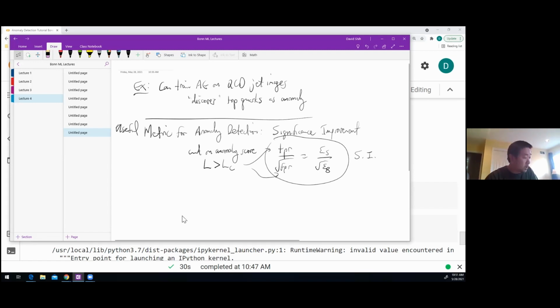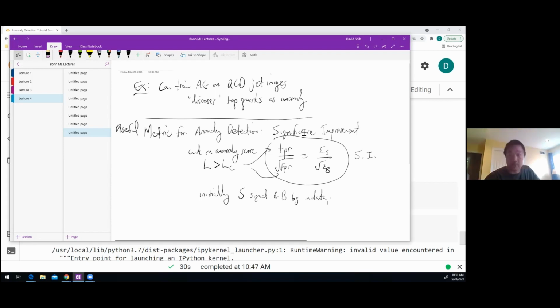And so what is this metric telling us? Let's say my initial significance, before any cut, I have S signal and B background in the data. So what is my initial, nominal statistical significance of the signal? Anybody?